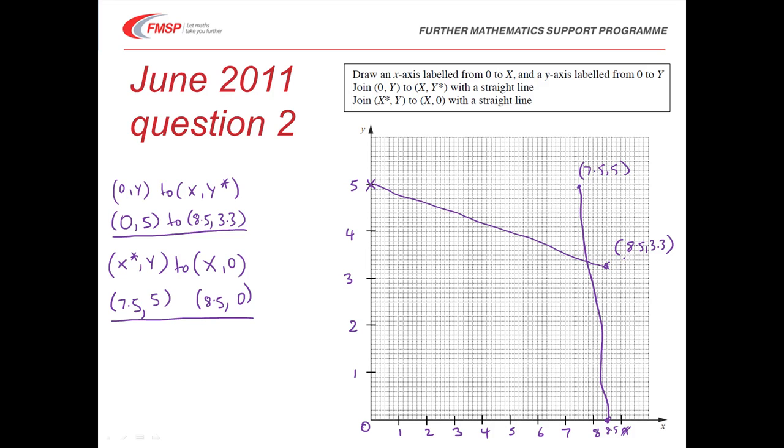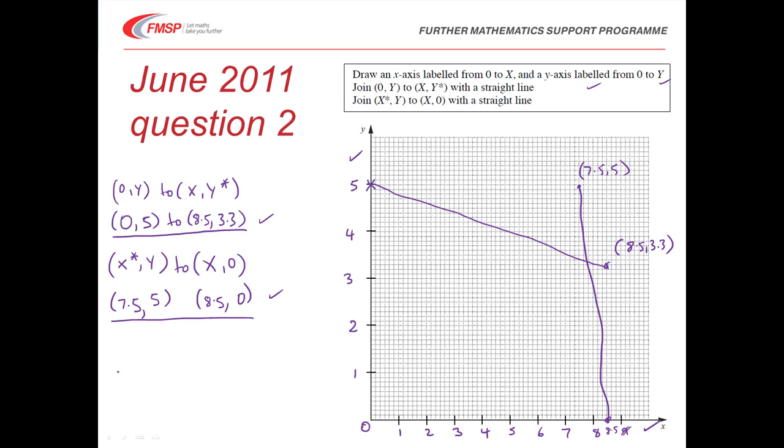Well, how would the marking of that have worked? First of all, for getting the scales correctly, in other words obeying the instruction about the scales, there's a mark. And then secondly, for drawing the correct lines on the graph, there's a mark each. That's 7 marks in total for following the algorithm.